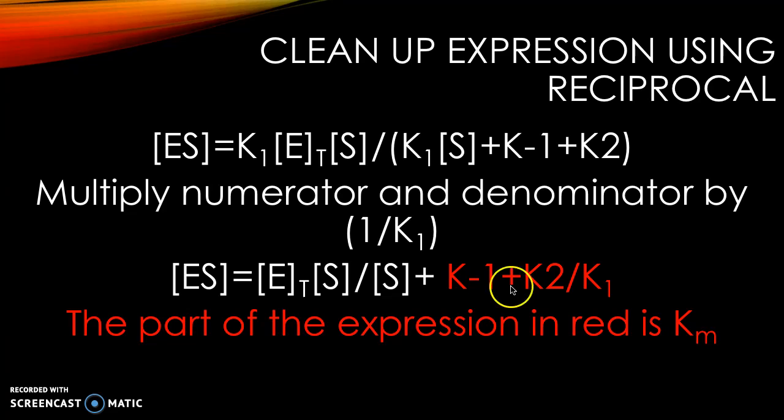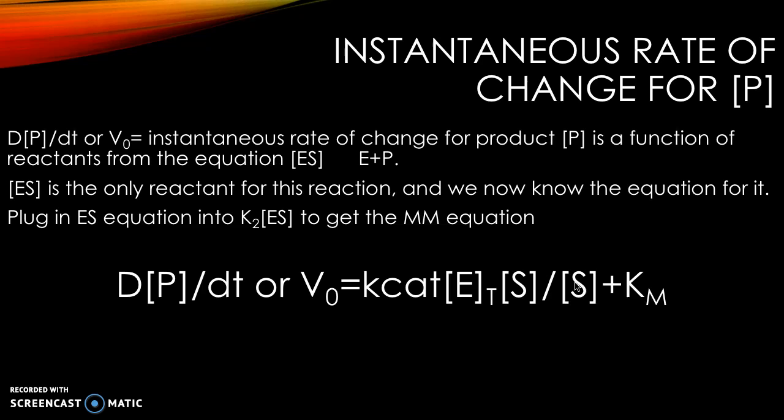So we can take this expression here, and we're going to look at the instantaneous rate of change for products. Up until now, we've been working on the first forward and backward reactions. Now we're going to look at the K2 reaction a little bit.